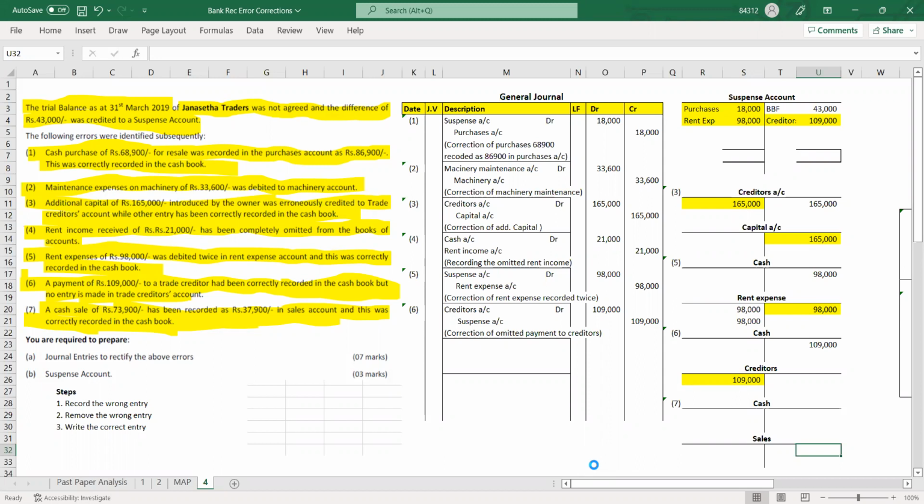The difference is 36,000. 73,900 minus 37,900. So 36,000 is the difference, right?